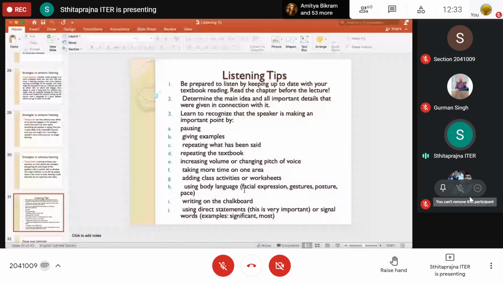For example, the speaker might pause. When the speaker is pausing, that means he's trying to make an important point. Or he gives a lot of examples, tells a point and then supports that with a lot of examples. So that's a pointer, that's a signpost, that this could be one of the key ideas, because he is trying to give a lot of examples to support that idea.